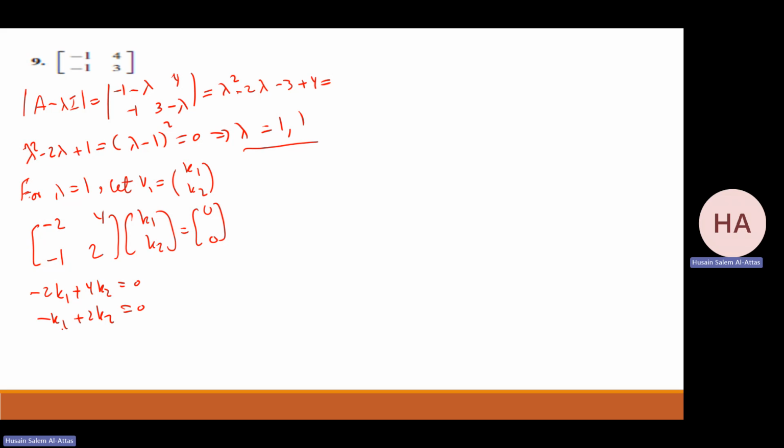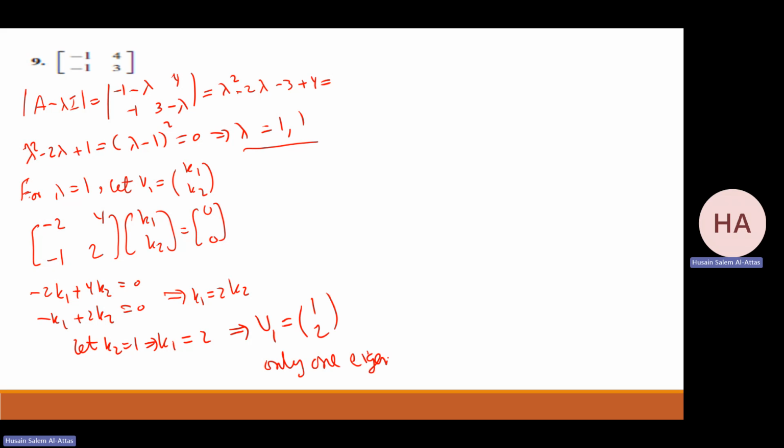Multiply the second one by 2 and I get the first one. So I have K1 equal to 2K2. I let K2 be equal to 1, so K1 equals 2, so I have only one eigenvector, which is 2, 1. Only one eigenvector. That means A is not diagonalizable.